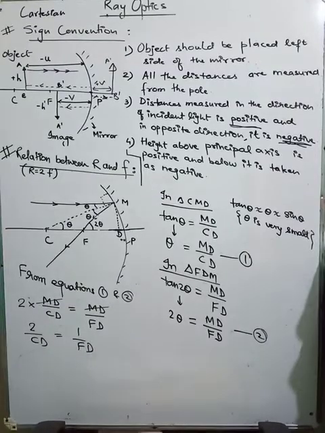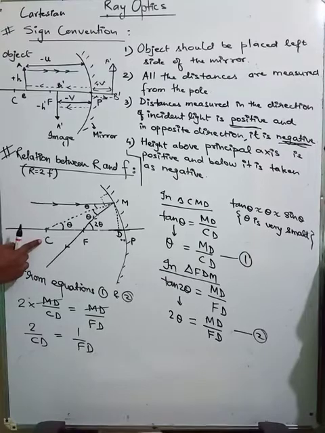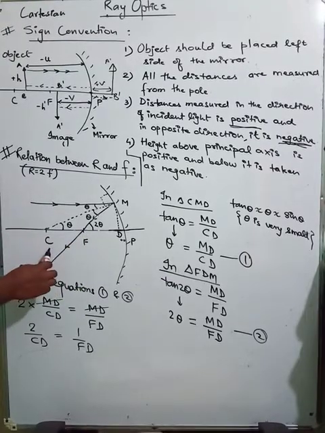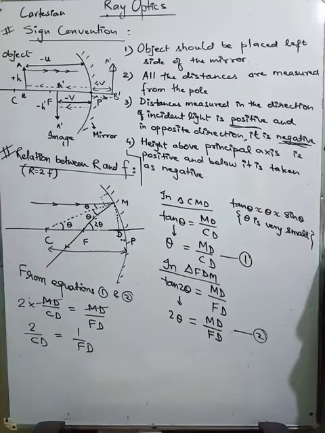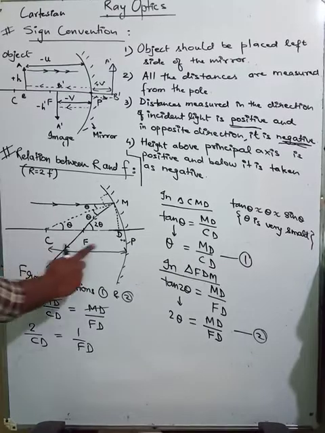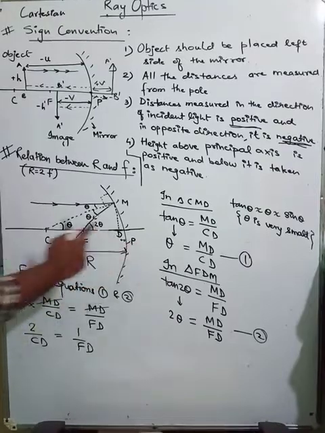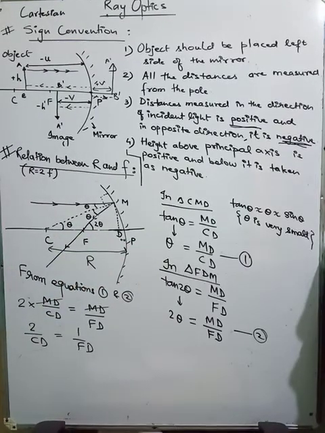Now observe the diagram. What is CD? From here to here is CD. We can take CD as approximately equal to CP. Why? I already told you the aperture is very small, so this distance can be neglected. What is CP? The distance from the center of curvature to the pole is known as the radius of curvature.